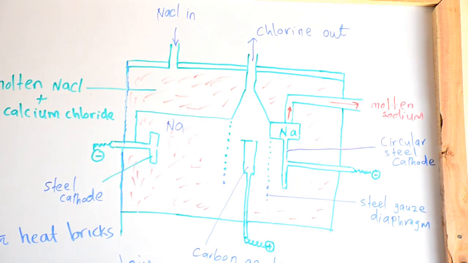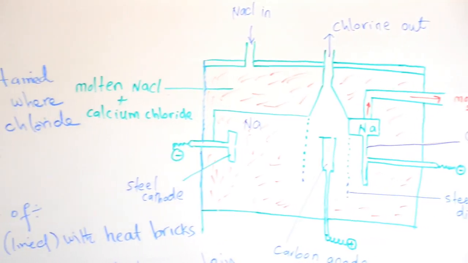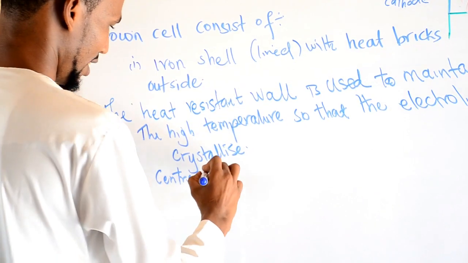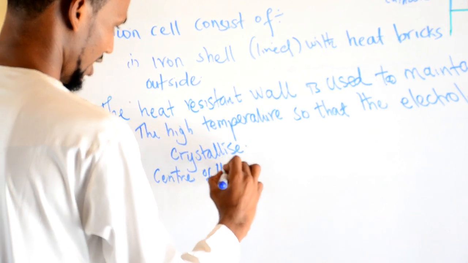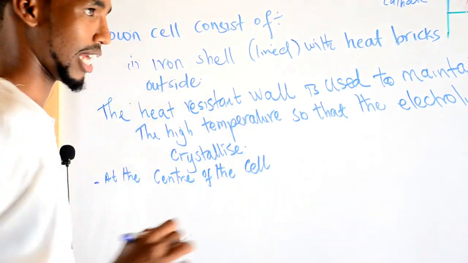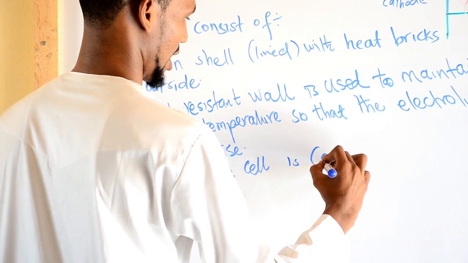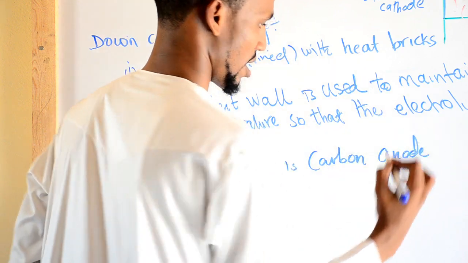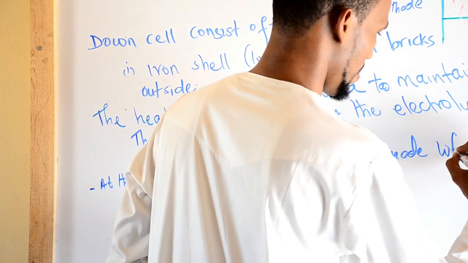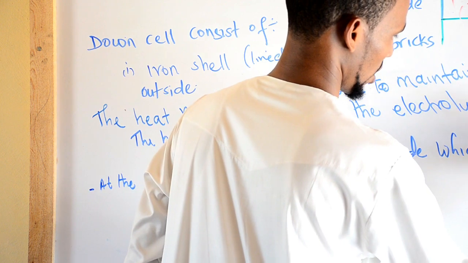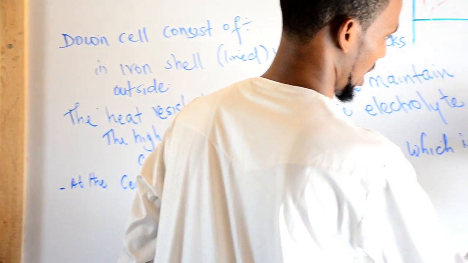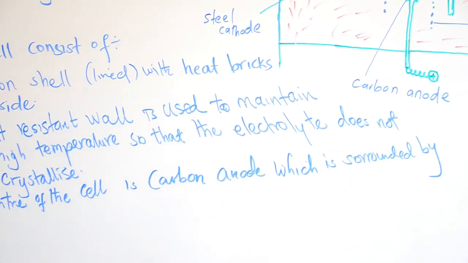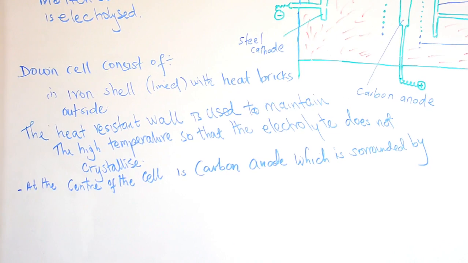So let's write: at the center of the cell is a carbon anode, which is surrounded by a steel cathode.